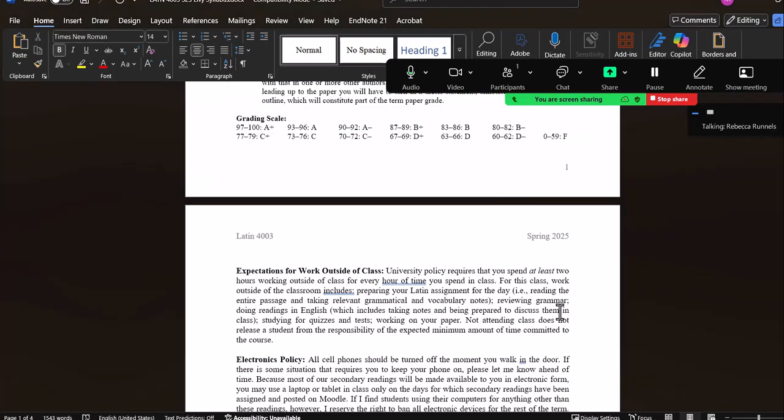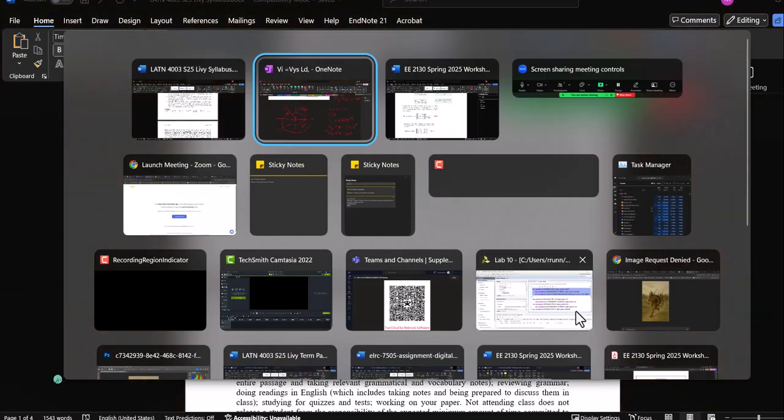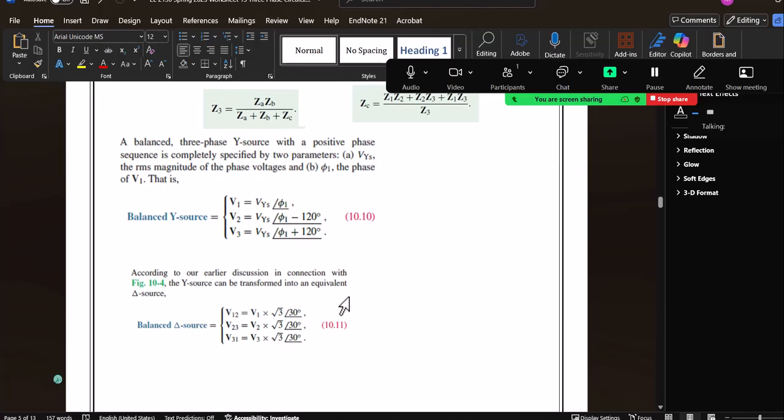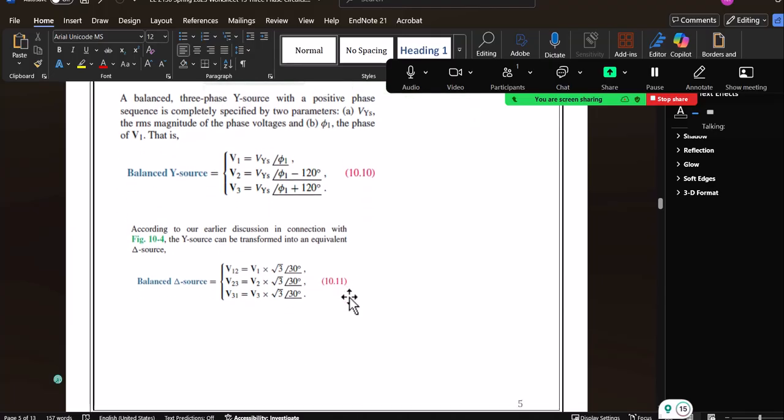Now, if I'm looking at my balanced delta source, and I want to figure out what the equivalent delta is from a Y. So I have a Y, and I want to get the equivalent delta. So this would be Y to delta.